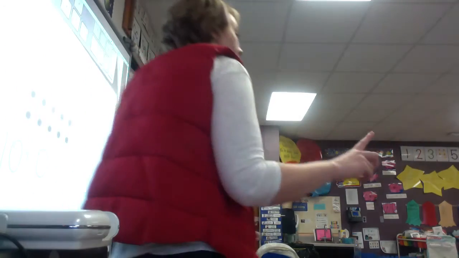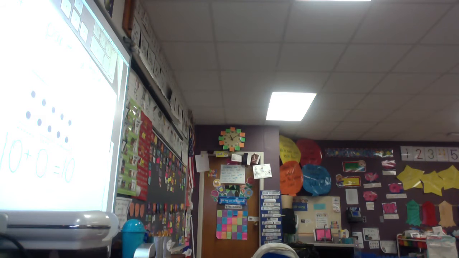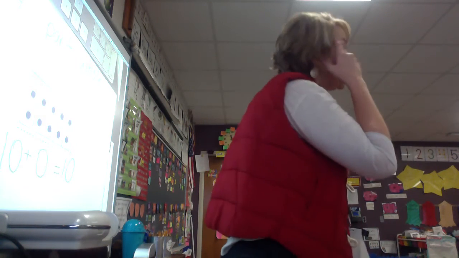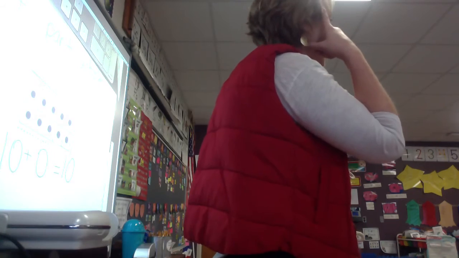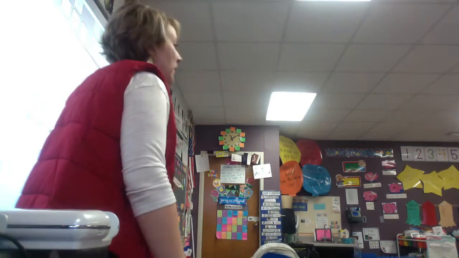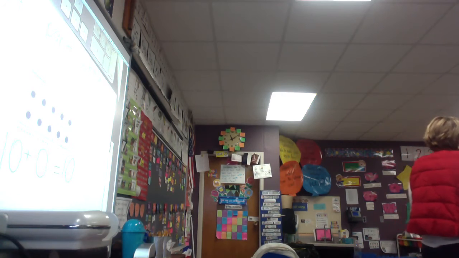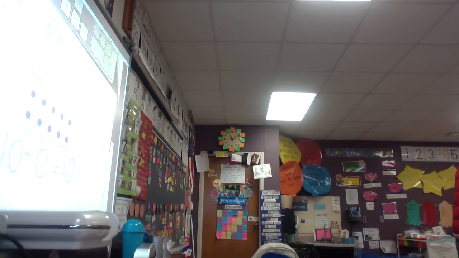Here's your last job. Erase. Your job is to take turns at your table teaching somebody else the strategy that we used today. We used part, whole. So, you need to take turns being the teacher and being the student.